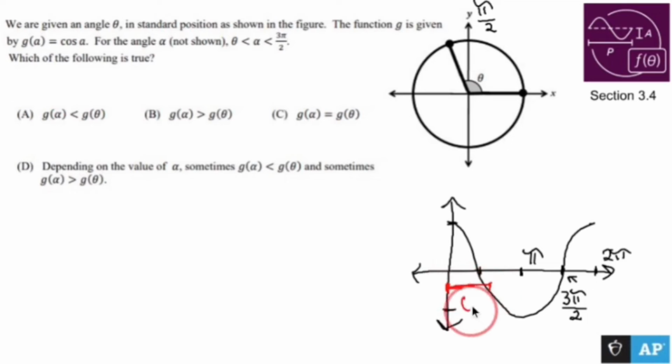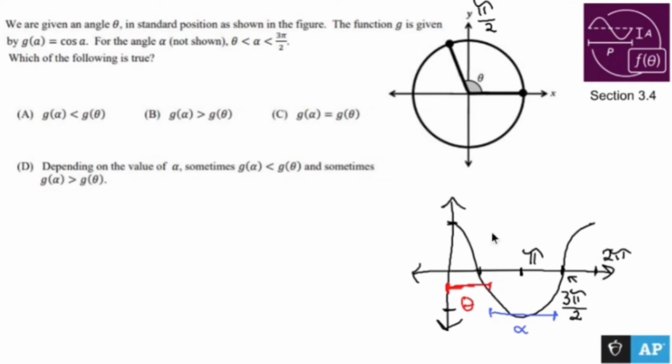Okay, so that's theta. Whatever alpha is, alpha's got to be bigger than that, okay? So any of this area right here. Alpha or A, I think I keep calling it A. It might be alpha, I don't know.